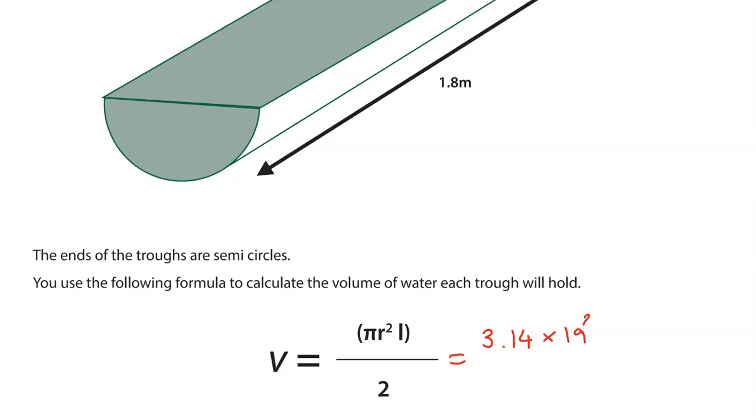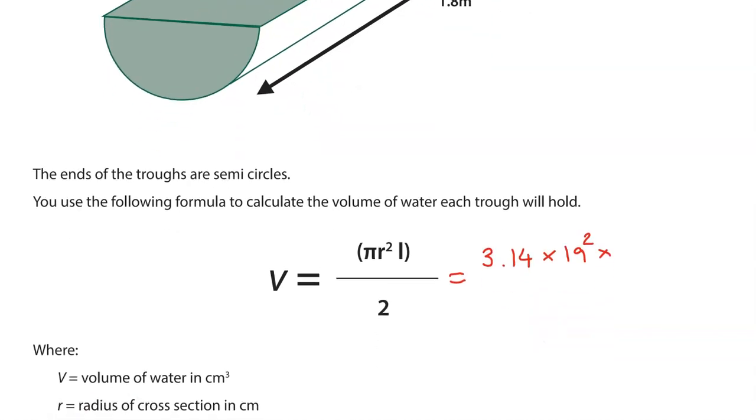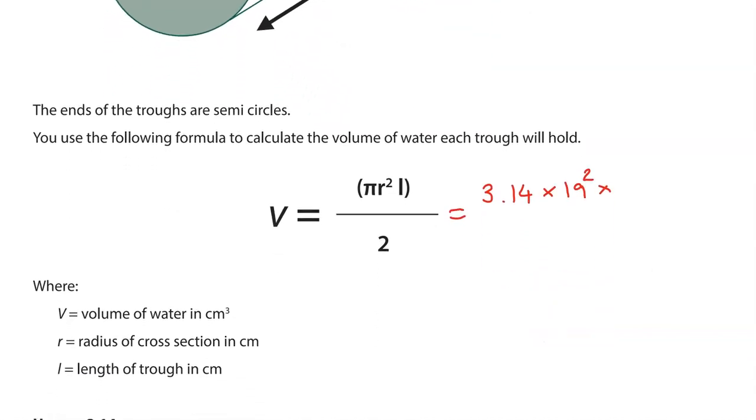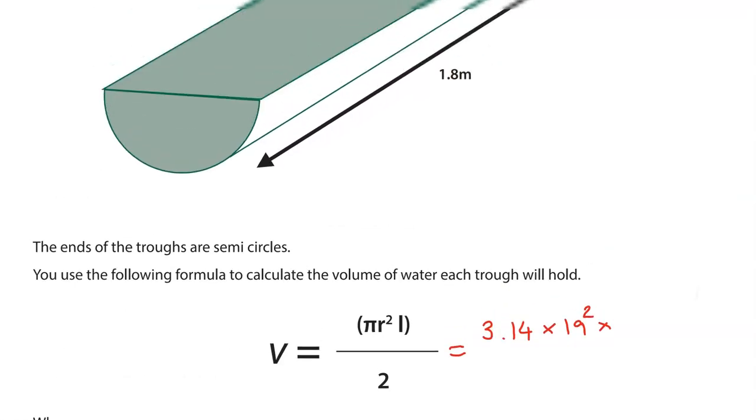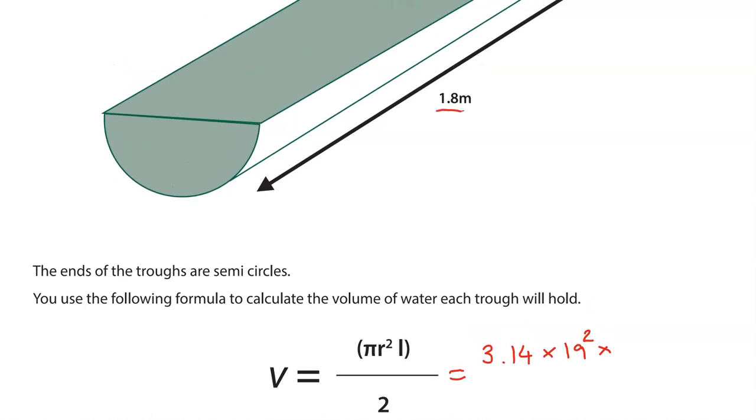So 19 squared times L, the length. L is the length of trough in centimeters. It's given here in meters, 1.8 meters, so we need to convert it into centimeters before we plug it in. So in 1 meter there are 100 centimeters, so 1.8 meters is 180 centimeters.